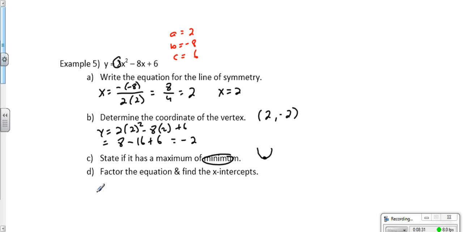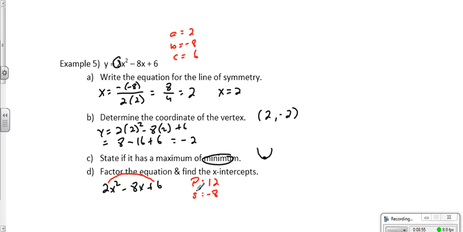Factor and solve. Alright, so now we have 2x squared minus 8x plus 6. If you remember how we did this, we multiplied these two together, which means when we factor it, we're going to have a product of 12 and a sum of -8.